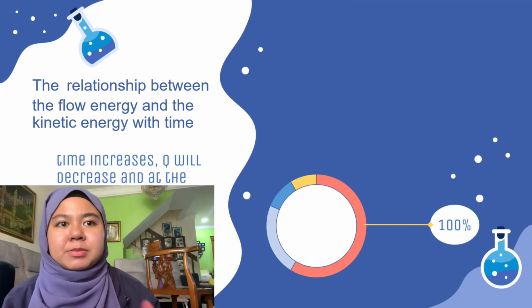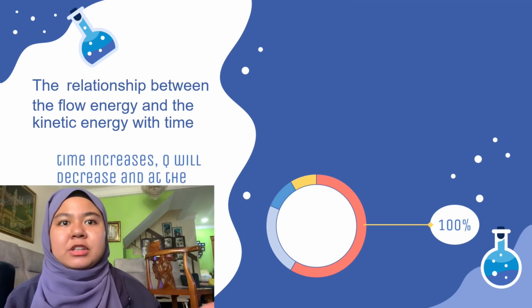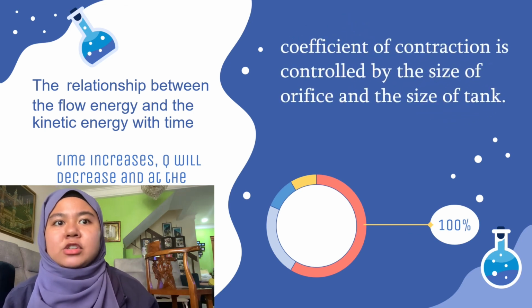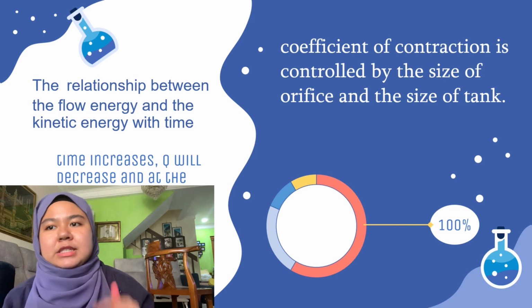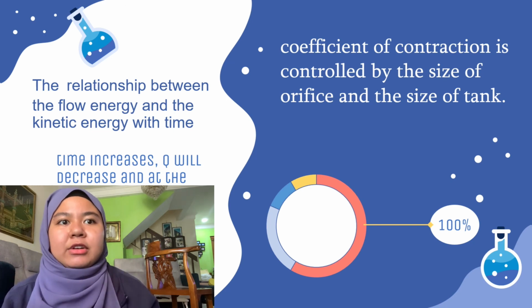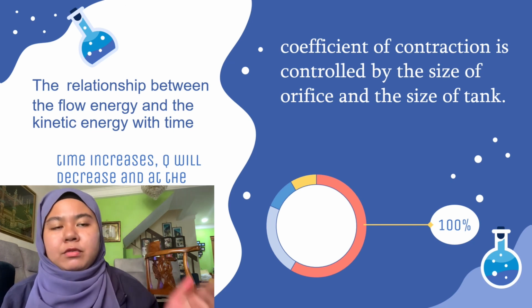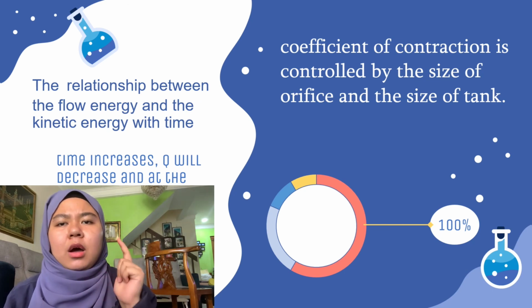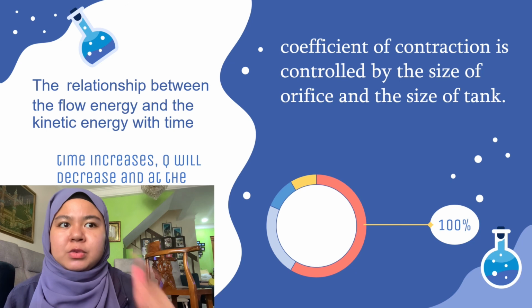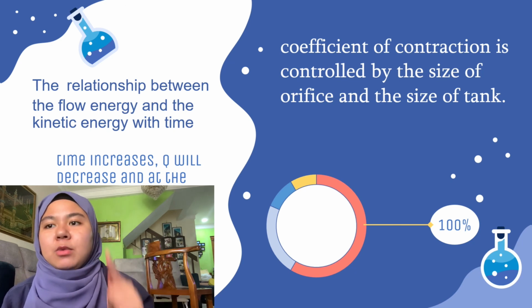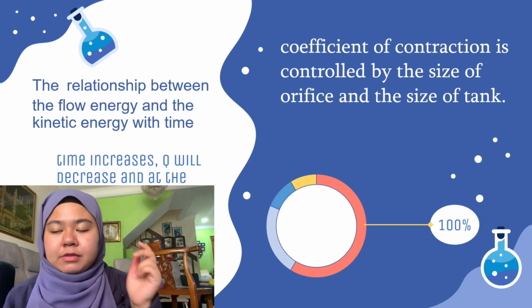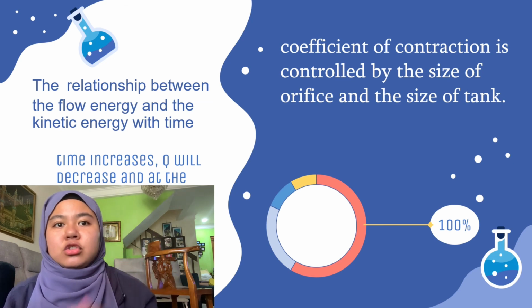Other than that, the experiment was executed to establish that we were able to obtain the coefficient of contraction by the derivation of the Bernoulli equation with consideration of initial height and the graphical method of the graph of water height versus time. Both methods give us an equation which we compare, and then we can calculate the value of beta. We also established the fact that the coefficient of contraction is controlled by the size of the orifice and the size of the tank.